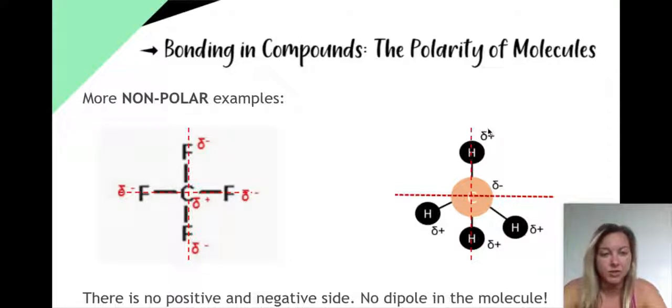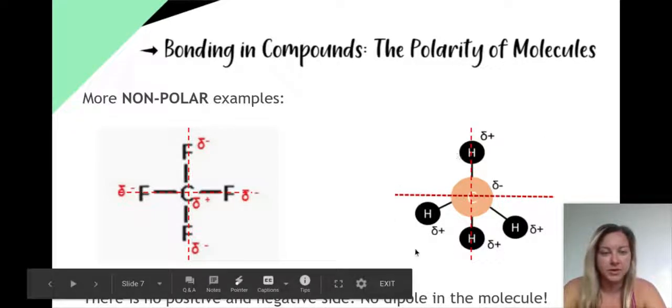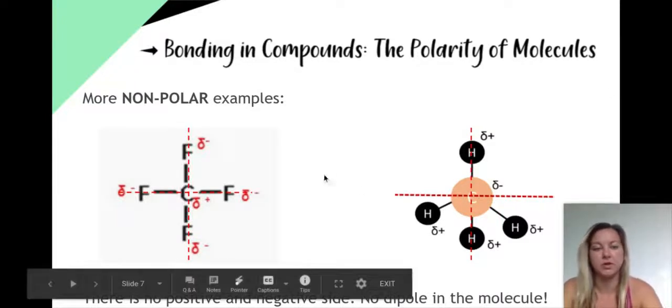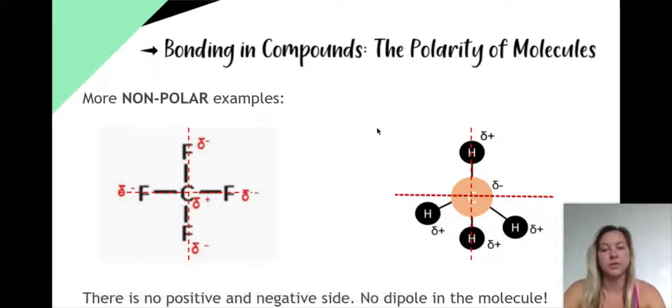But as you can see, if you put the negative or the positive end of a magnet near this methane molecule, you couldn't actually attract the negative charge because it's surrounded by positives, if that helps anybody think about it. So where there is symmetry and there is no clear positive and negative side, there is no dipole on the molecule, you don't have a positive and negative side. So these are non-polar examples.